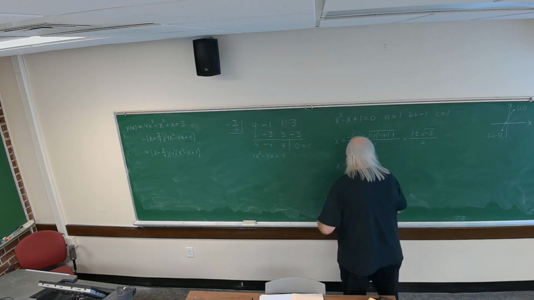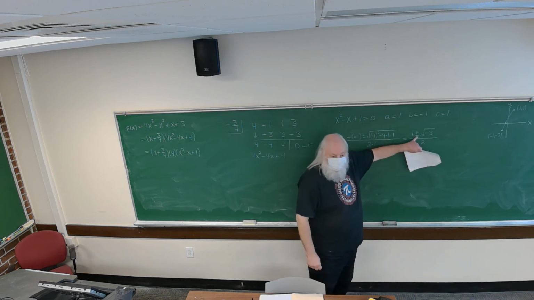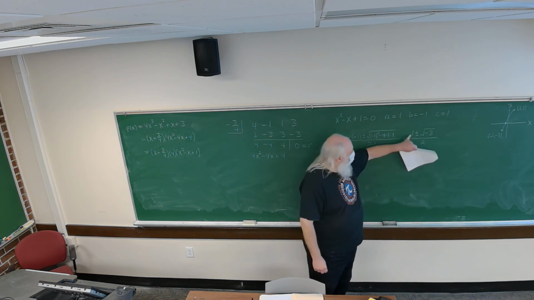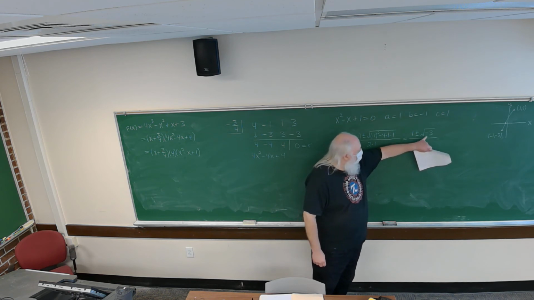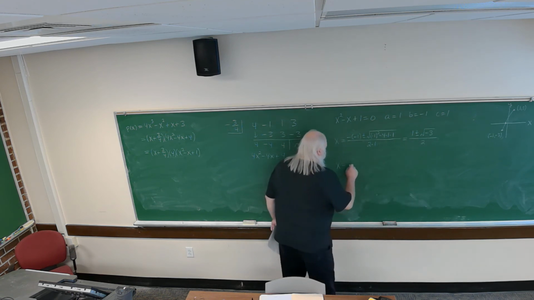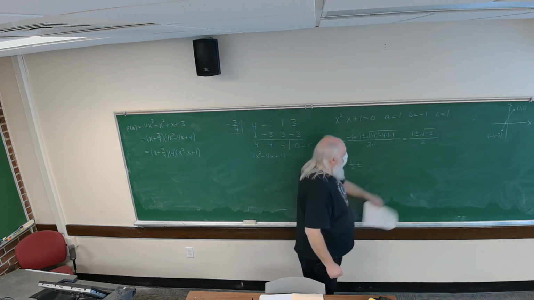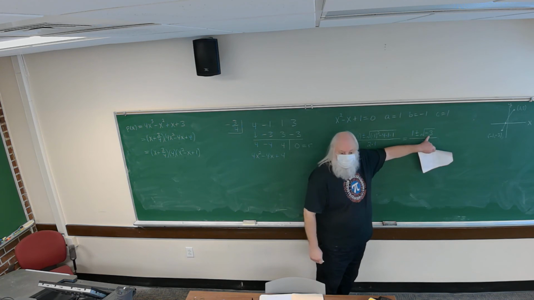Well, division does not undo addition and subtraction, does it? So 1 has to be divided by 2, and square root of minus 3 has to be divided by 2. So we have 1/2 plus or minus square root of minus 3. It's not a real number, is it?